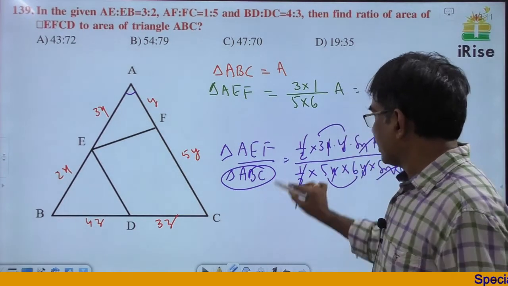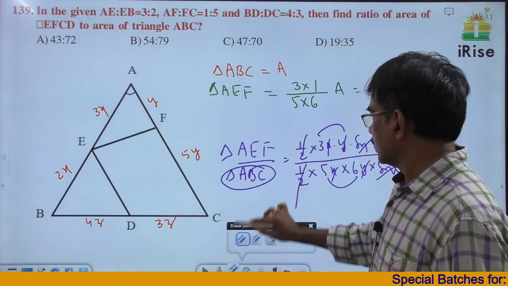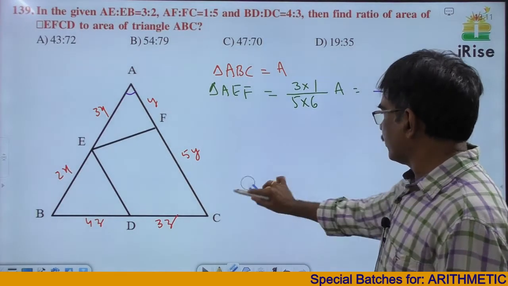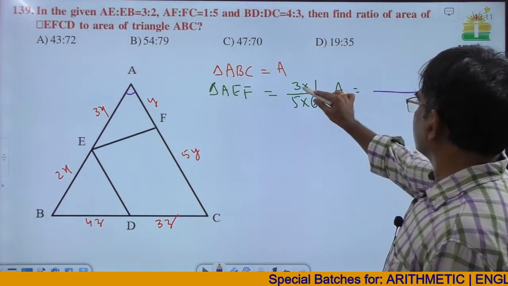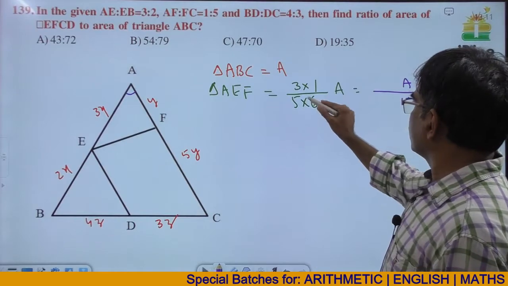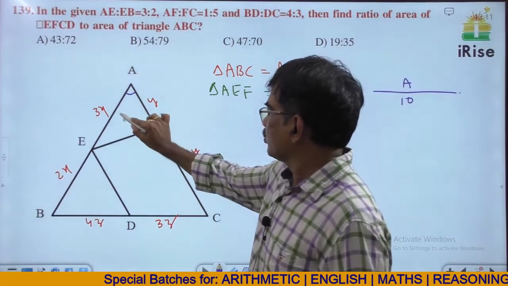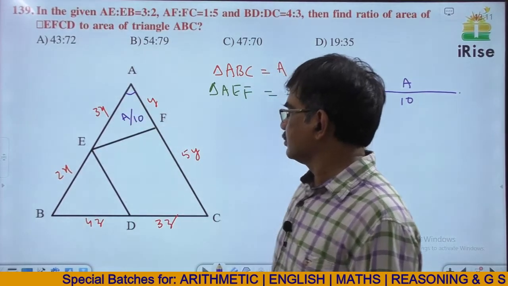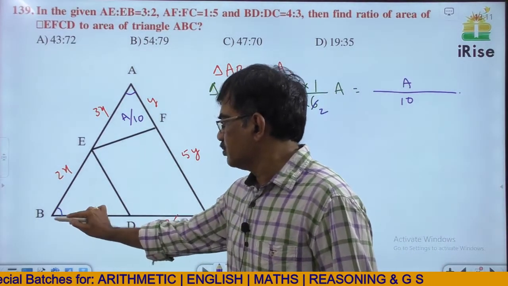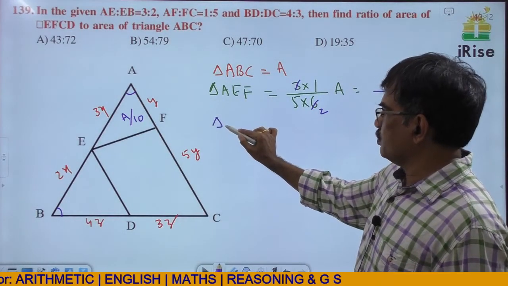I want to write directly here. So this can be written as, after cancellation, 3 and 6 cancel, this is A by 10. So this part is A by 10. Next I want to find this part. I want to consider this angle as B. What is triangle BED?